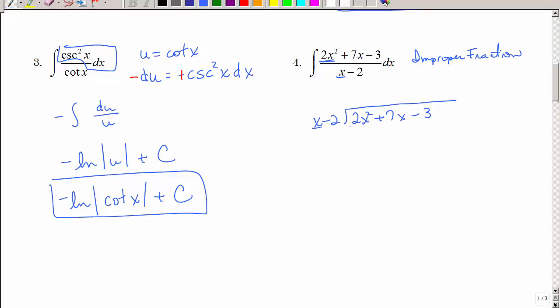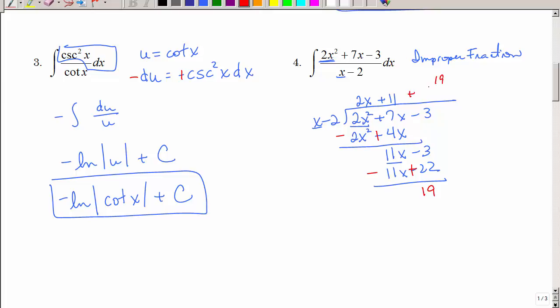So let's see, x divides into there 2x, then I multiply, I need to subtract, then divide again, subtract, and I have a remainder of 19, which goes over my divisor.